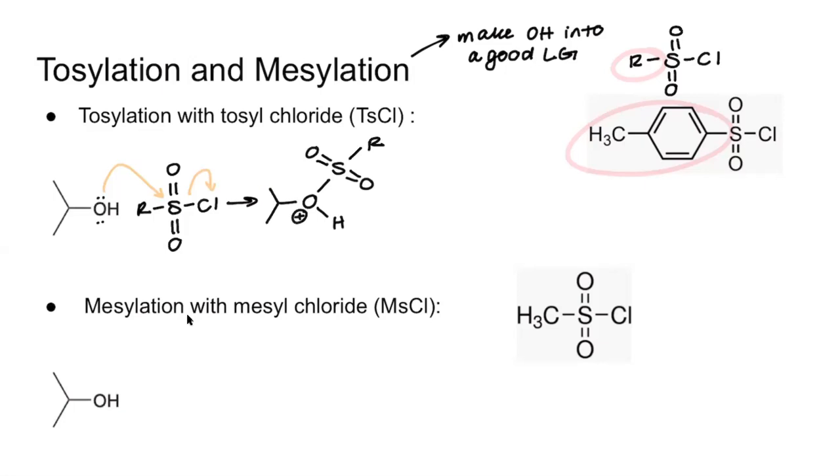And remember, you took off that chlorine earlier, so now the chloride is going to come in and take that hydrogen away. That gets rid of the plus charge. And so you're going to be left with this. Remember again that this R group is just going to be this whole thing.